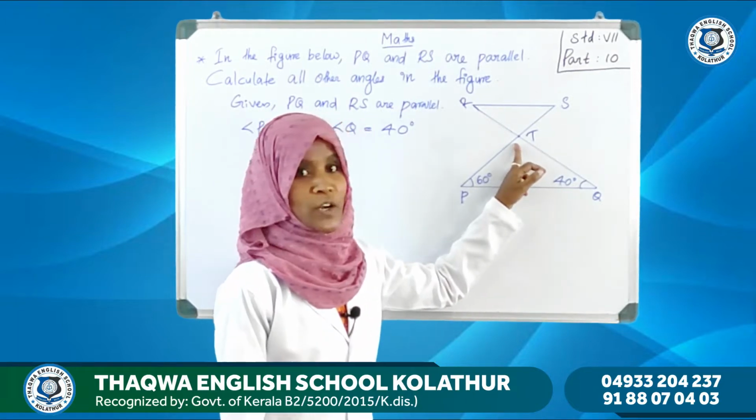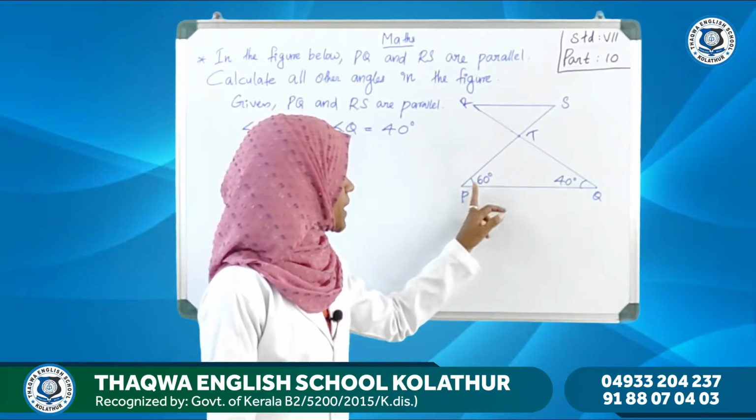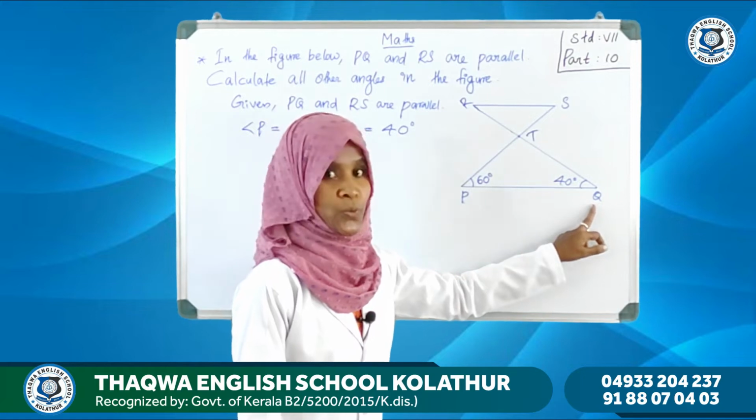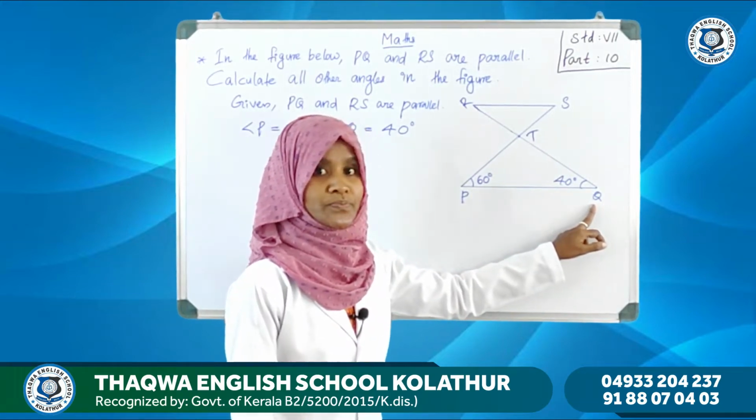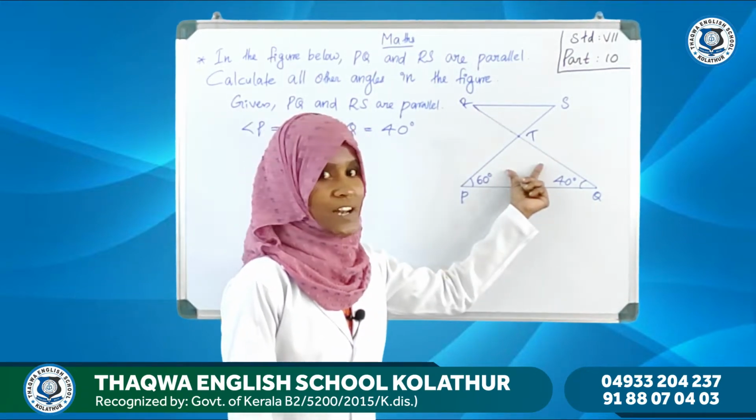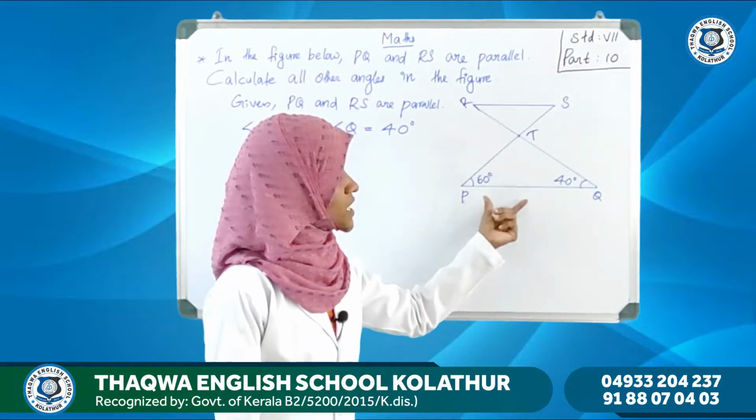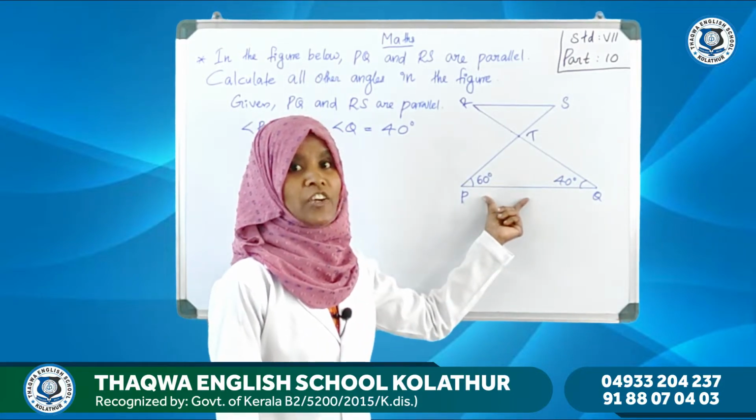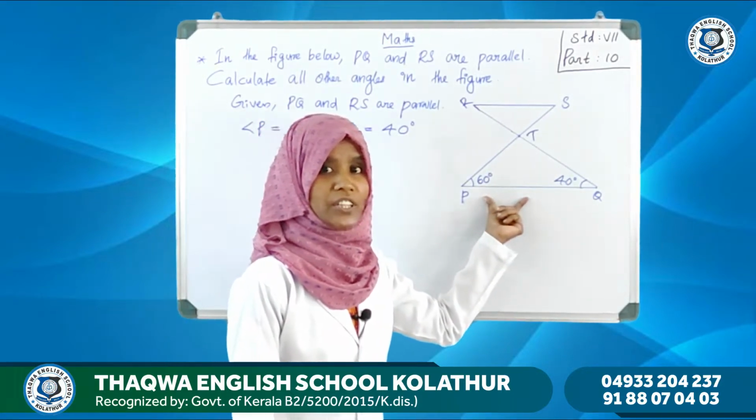Now we have to find out angle PTQ. How? In the last class we have discussed sum of the angles of any triangle is 180 degree.